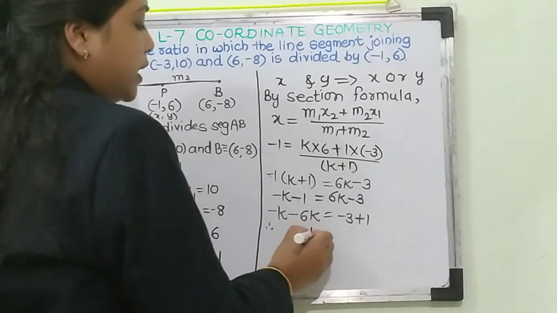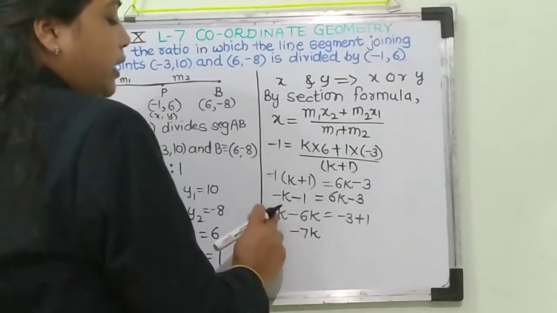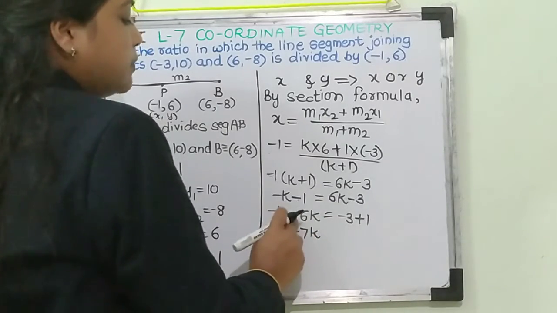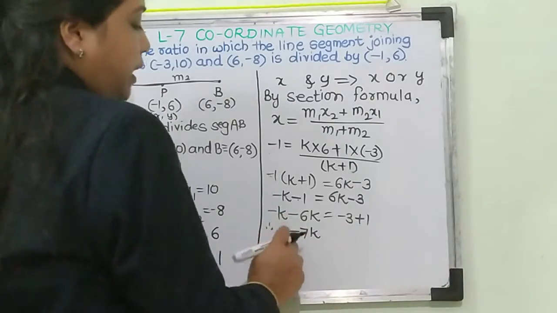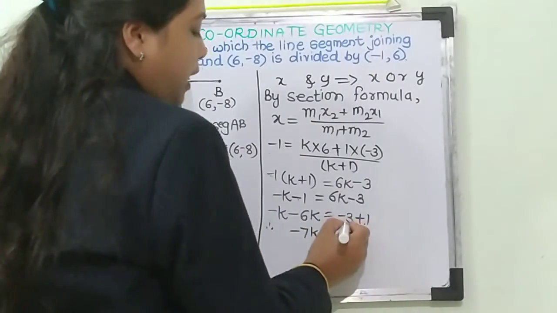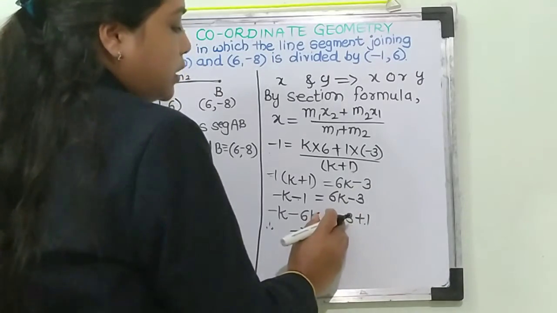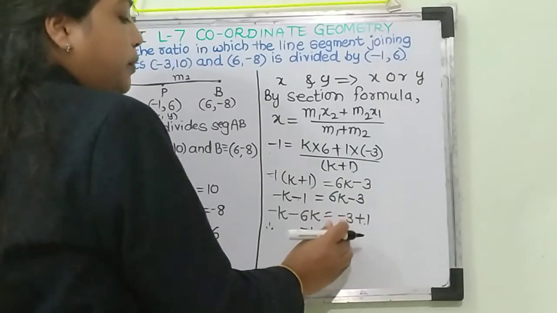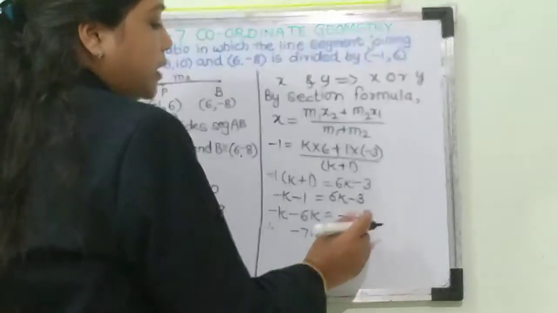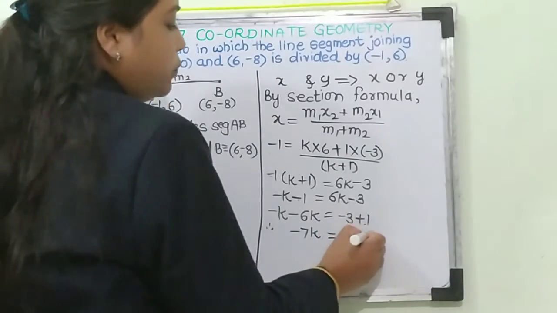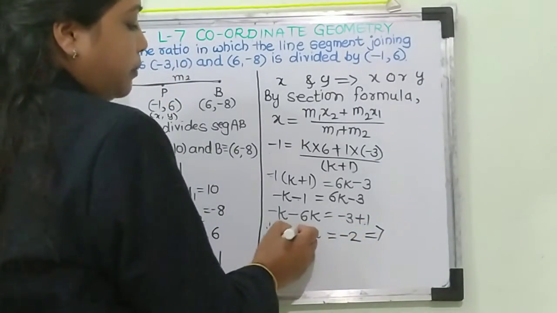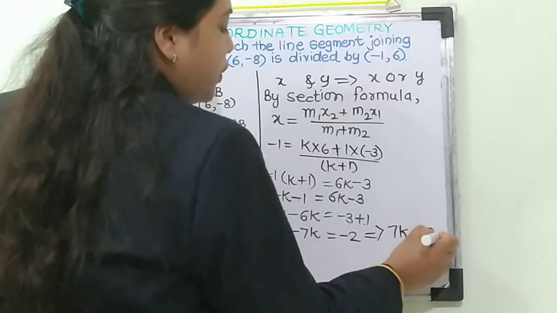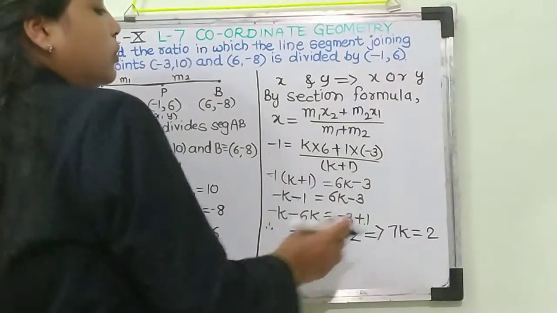So here we get minus 7k, and on the right side minus 3 plus 1, we take the sign of the bigger number. So here the bigger number is minus 3. So first I put the sign of the bigger number, that is minus, and 3 minus 1 we get 2. So which implies that the minus minus signs will get cancelled, hence we get 7k equals to 2.